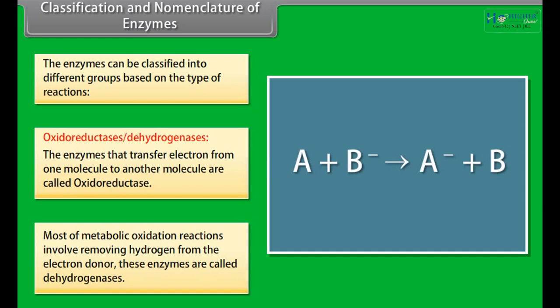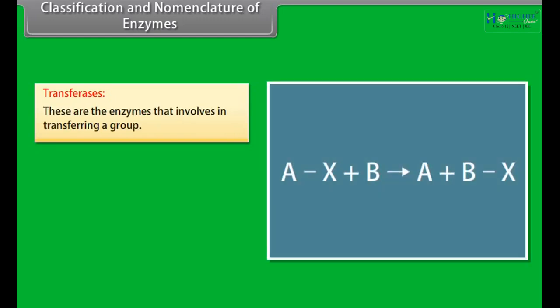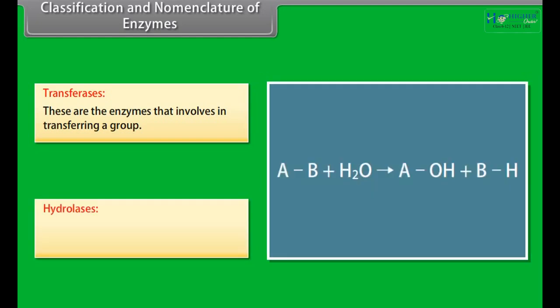Most of the metabolic oxidation reactions involve removing hydrogen from the electron donor. These enzymes are called dehydrogenases. Transferases. These are the enzymes that are involved in transferring a group. Hydrolases. An enzyme that speeds up the process of hydrolysis.